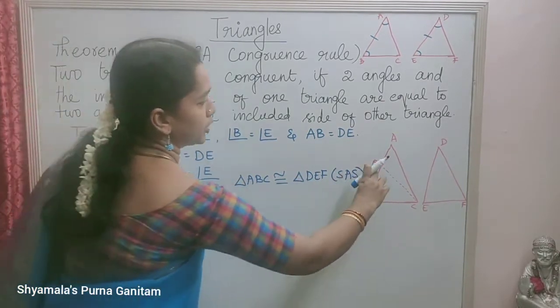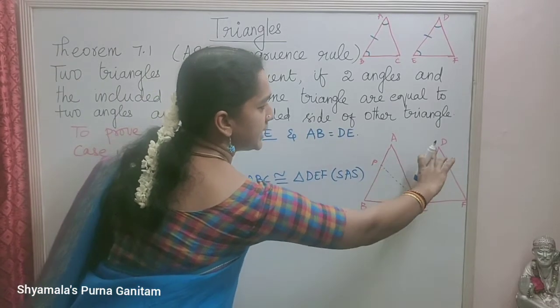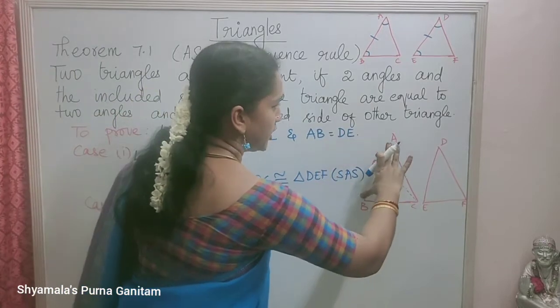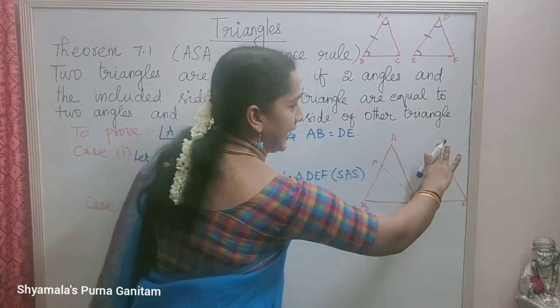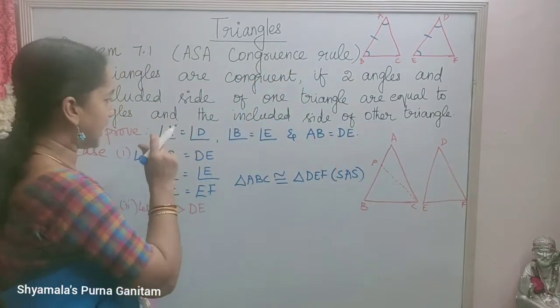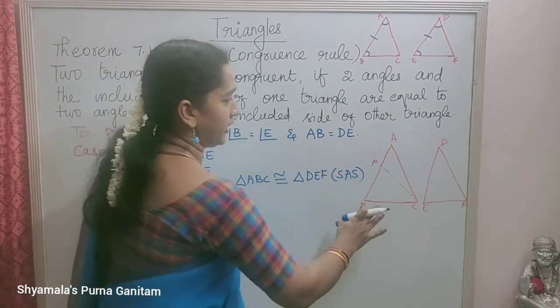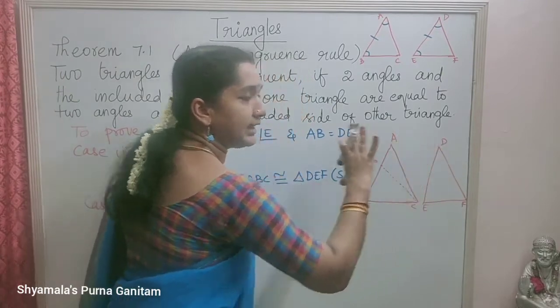So the length of PB is equal to the length of DE. This is the thing we have understood. This AB length is greater than DE. The first case is AB equal to DE, which we have taken. The second case we are going to take as AB greater than DE.